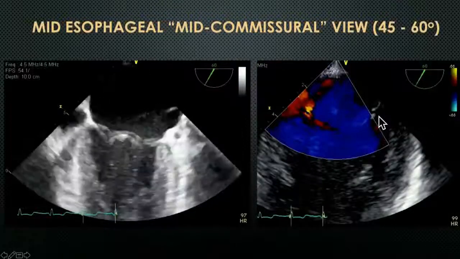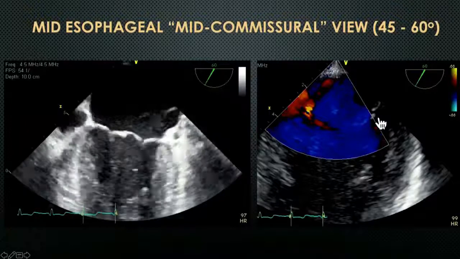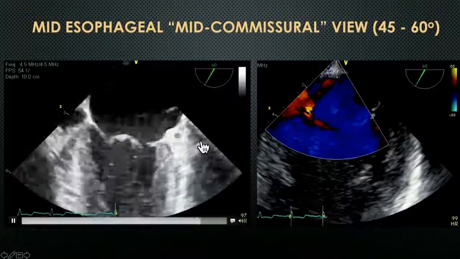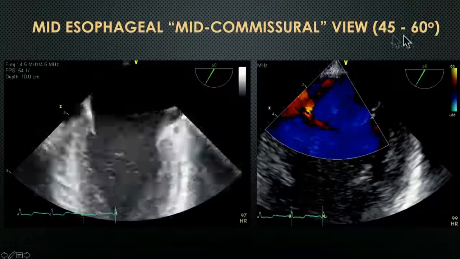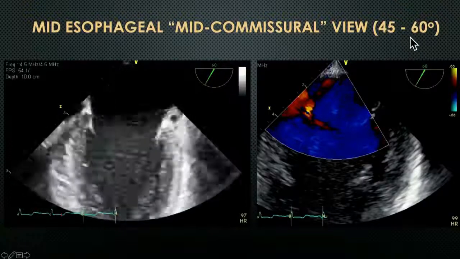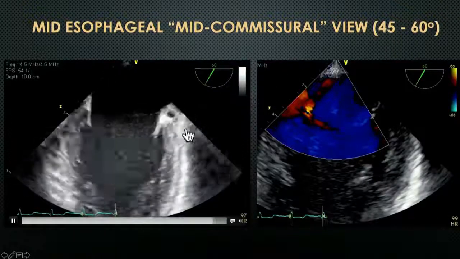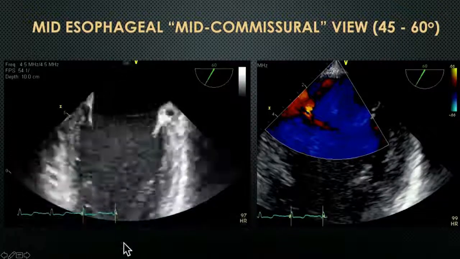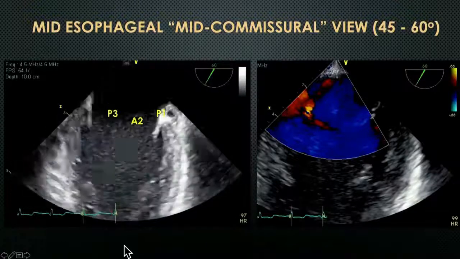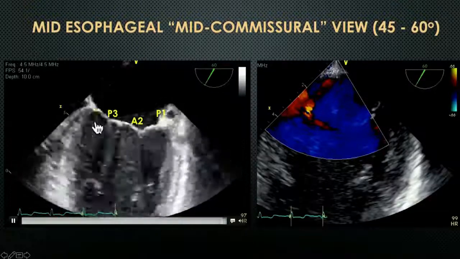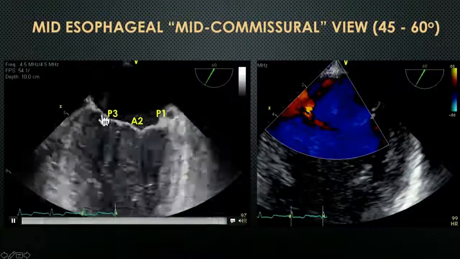The mid-esophageal commissural view, sometimes known as the intercommissural view of the mitral valve, at the 45 to 60 degree omniplane, you are basically seeing three leaflets, and it's rather unique. You're seeing P3 farthest to the left.